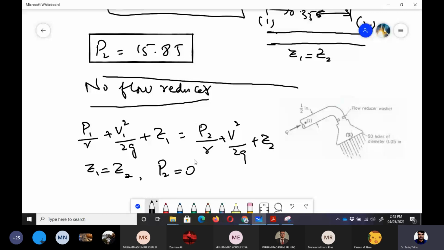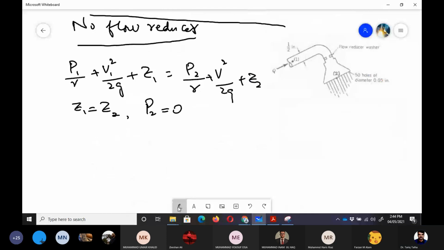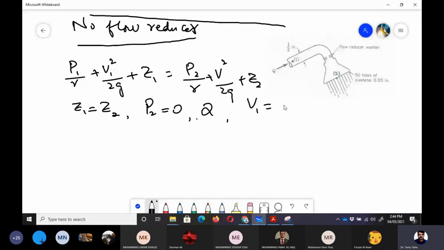Now we need to see what the values of V1 and V2 are. If the volume flow rate through the pipe is Q, then V1 can be written as Q upon A1. What is the value of A1?